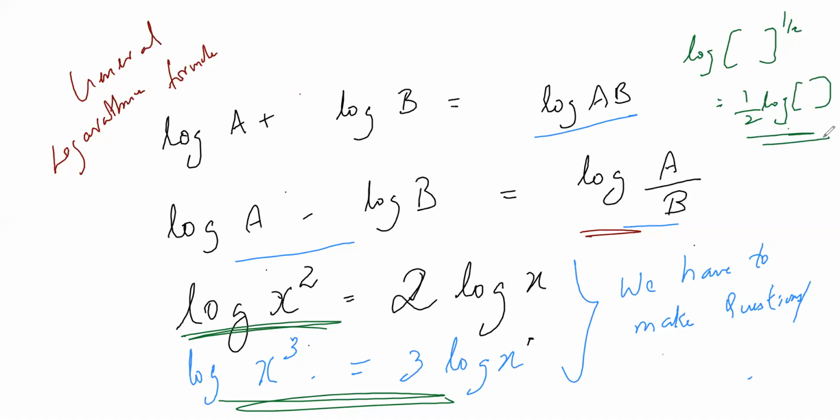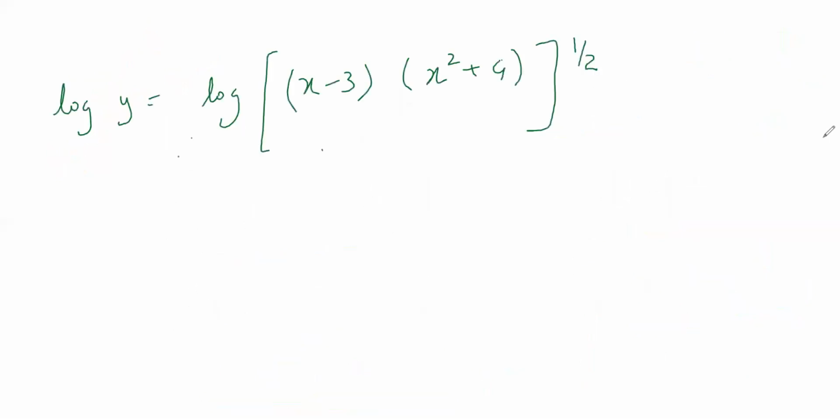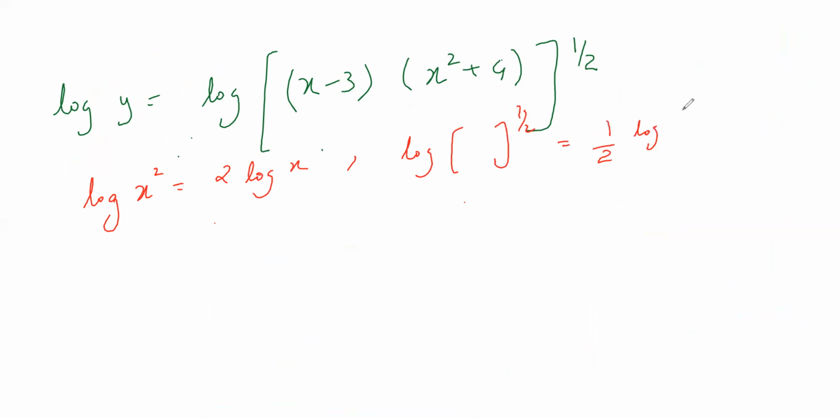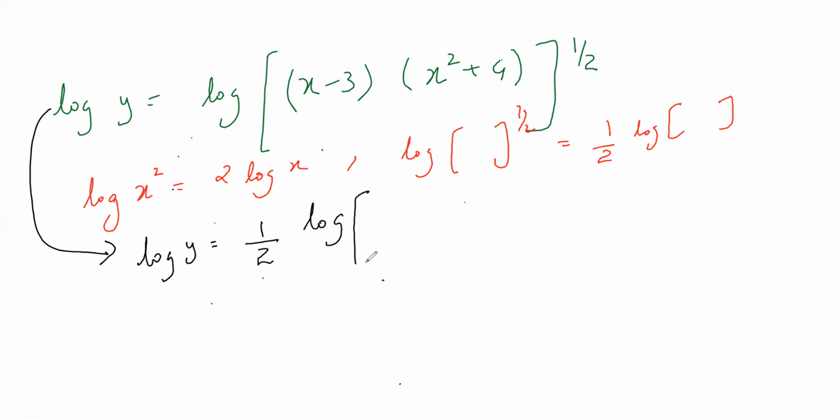I am applying the formula: log of x square is 2 log x, and log of something power 1 by 2 is 1 by 2 log of that something. So log y is equal to 1 by 2 log of x minus 3 into x square plus 4.